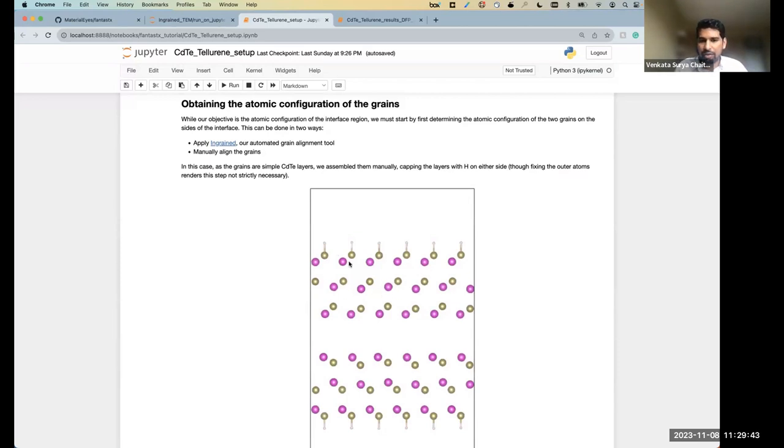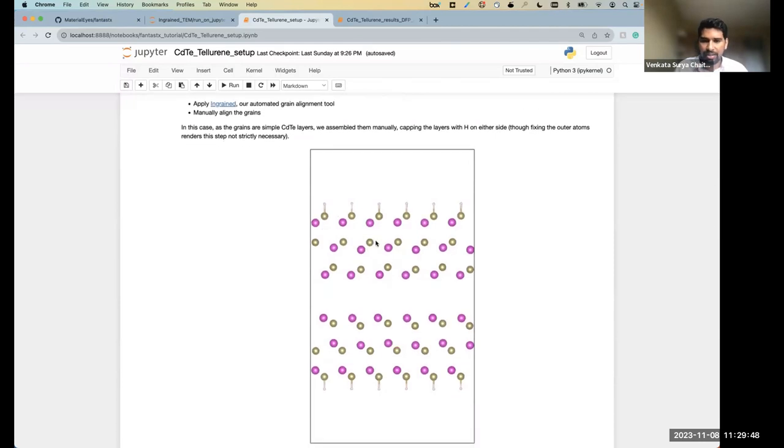So here we have found the grain boundary structure with best alignment in the top grain and the bottom grain region. And the interfacial atoms here are removed because that's what we will be optimizing using the FANTASTX package.